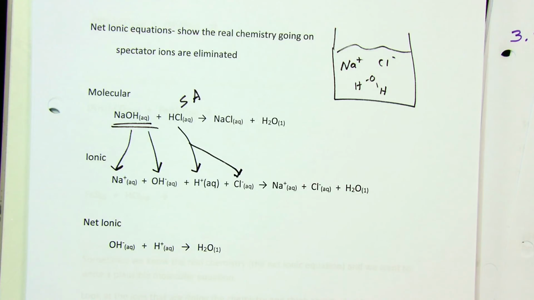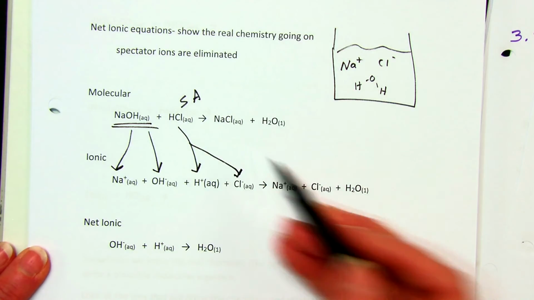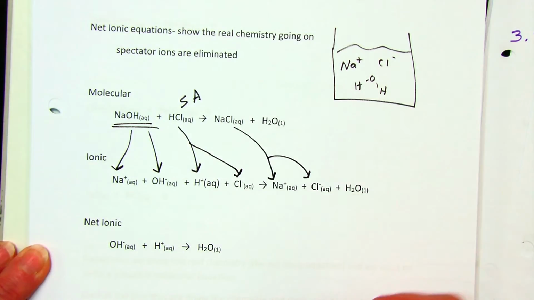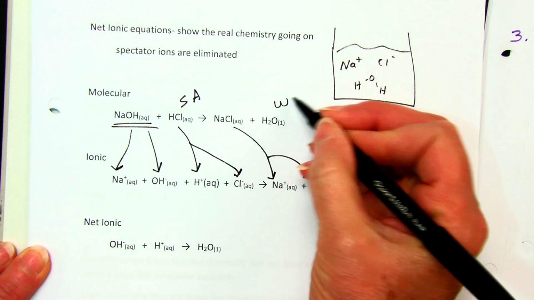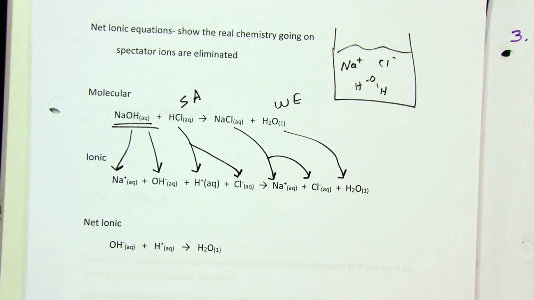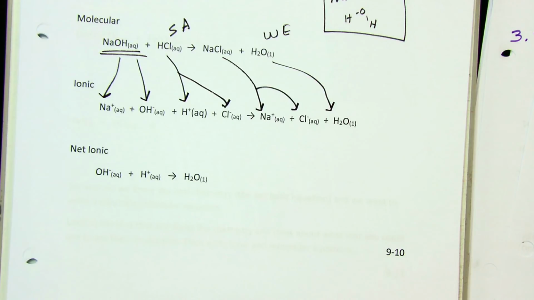If this were a weak acid, we would leave it in the molecular form. Now over here I have sodium chloride, which gives me sodium ions and chloride ions. Water is a weak electrolyte, so I leave it in the molecular form. So I change my molecular equation, the compounds, into the ionic equation, what's in my beaker.